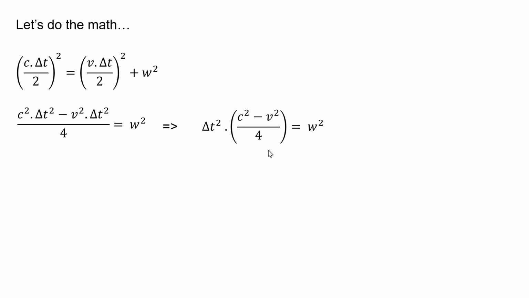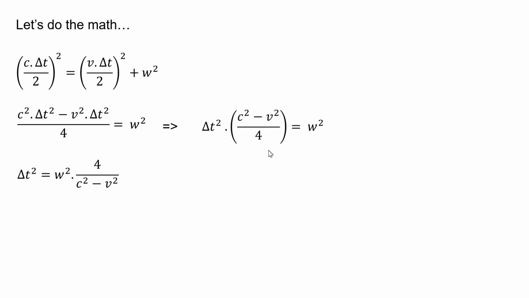Then we do some rearrangement by factorizing out delta t squared. Then we have in the bracket what we left on the left side, and the right side doesn't change, right? And with some simple rearrangement, dividing by what's in the bracket, we can isolate delta t.